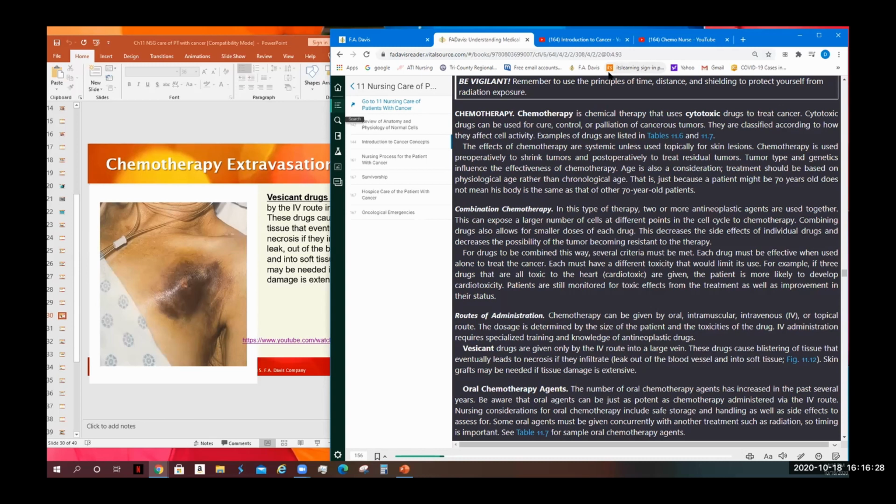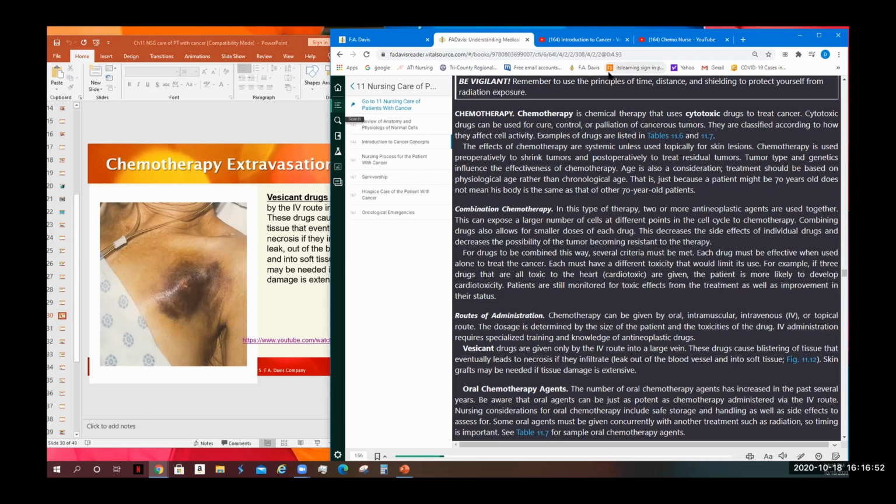Examples of drugs are listed in tables 11.6 and 11.7 on pages 157, 158, and 159 of the 6th edition. The effects of chemotherapy are systemic unless it is used topically for skin lesions.